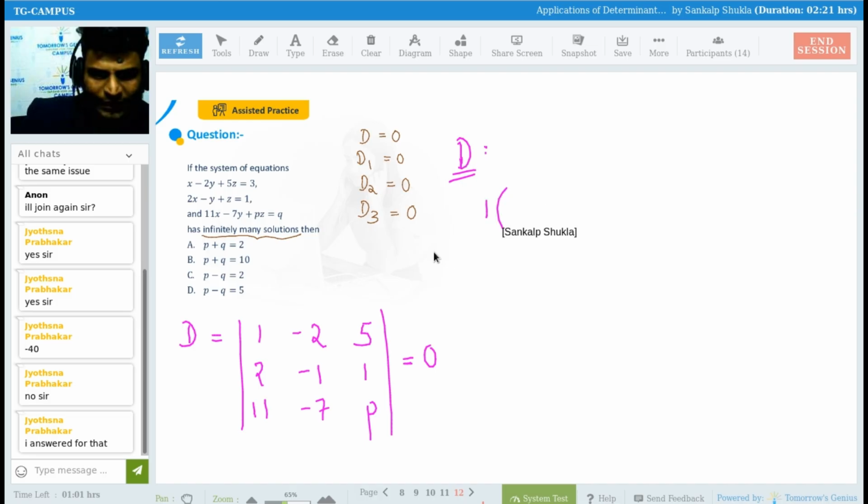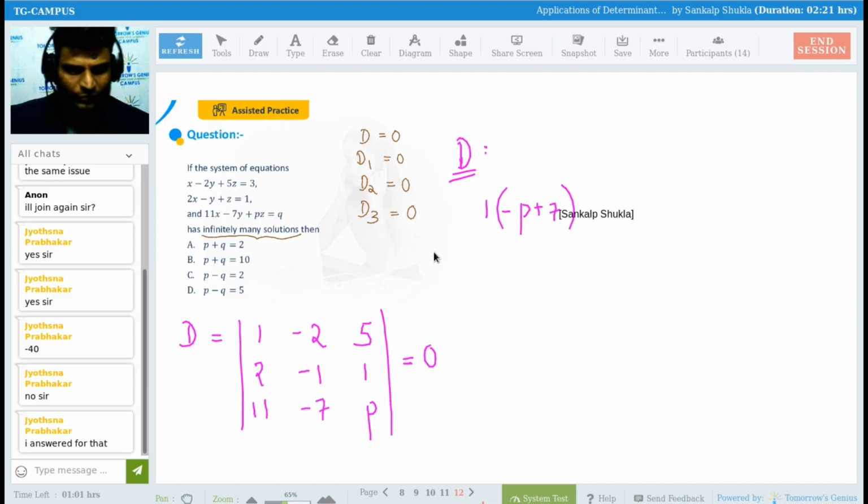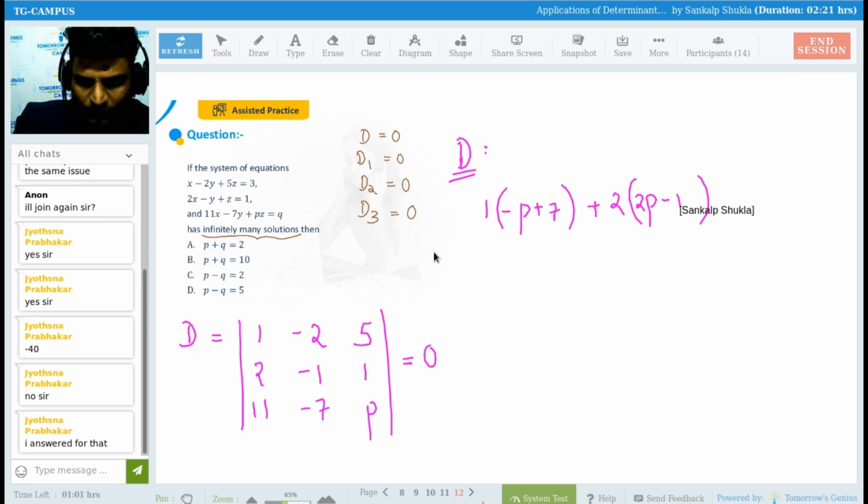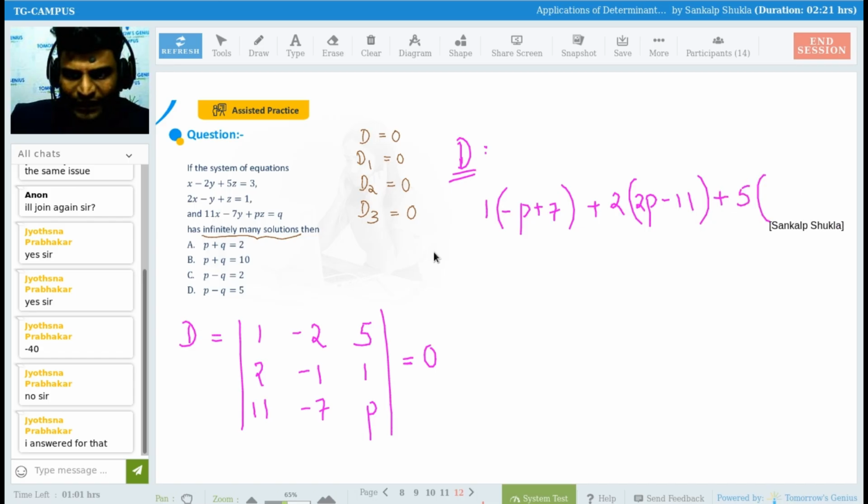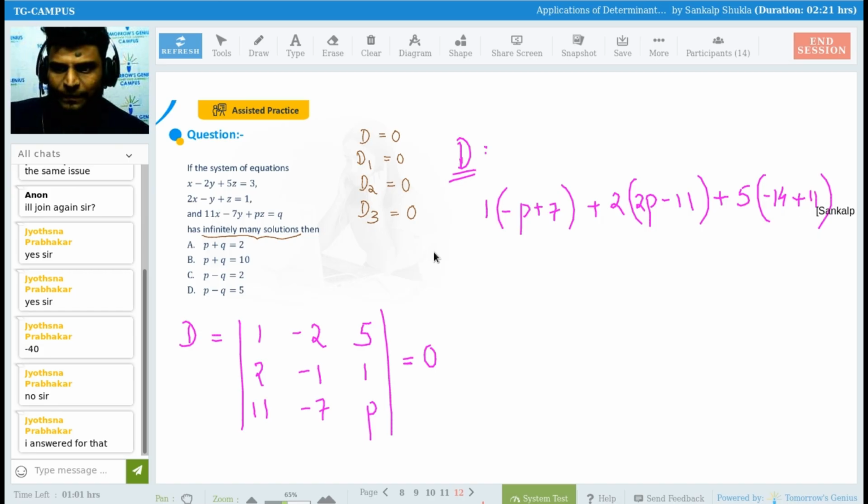So it will be 1 into minus P plus 7. Correct? Then plus 2 times 2P minus 11. And then 5 times minus 14 minus 11, that is plus 11.